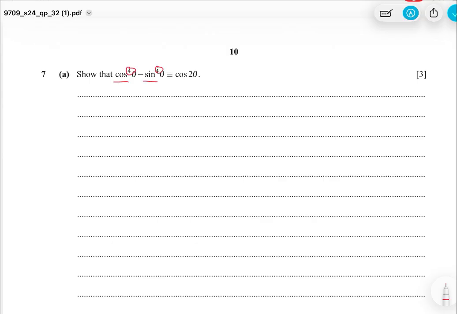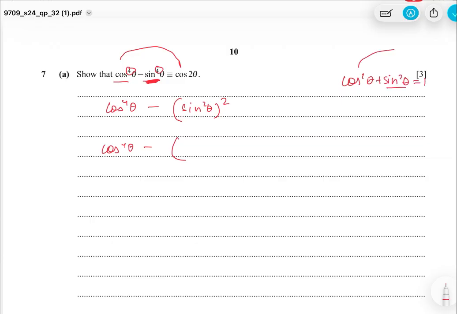To do that, I have to make cos over here, so I will change it into cos form. Cos to the power 4 theta minus, now look over here. Can I write it like this? Sine square theta, squared. So it would be cos 4 theta minus cos square theta plus sine square theta equals 1. So sine square theta equals 1 minus cos square theta.